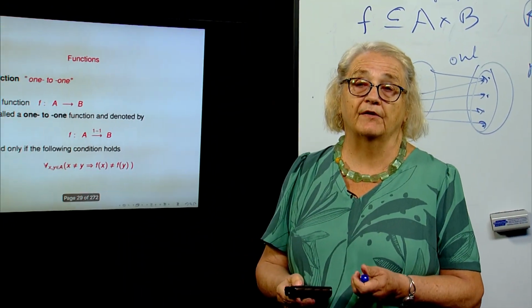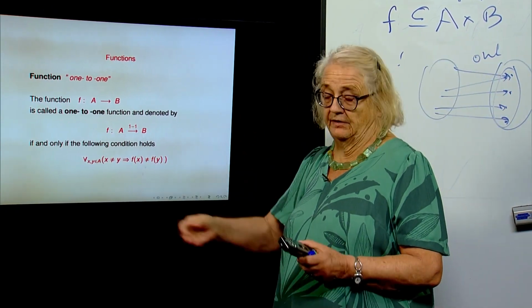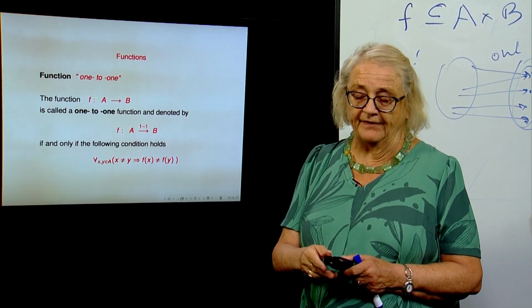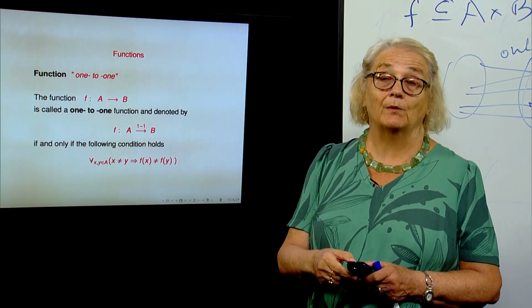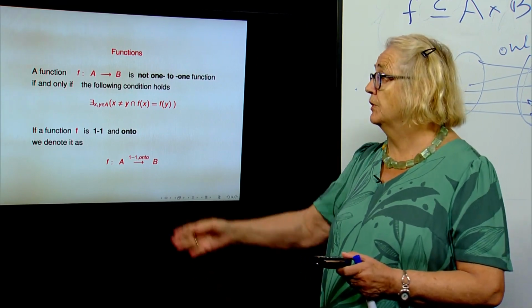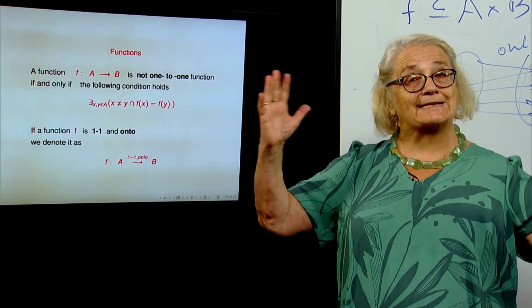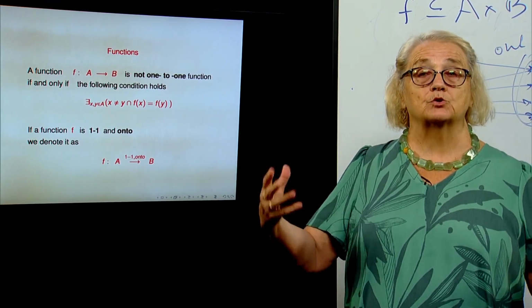And also you have the function 1-1, where different elements have different values associated with them. And special functions, which we are going to use, are 1-1 onto, which are like an exact mapping between two sets.